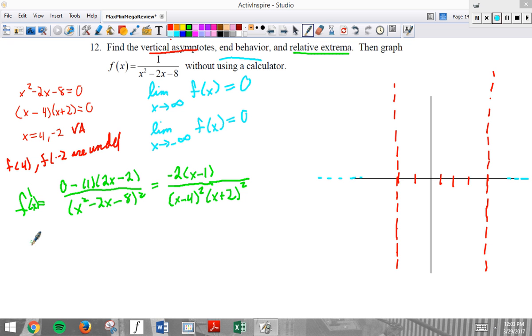Okay, so critical numbers. We got x equals 1, because f prime equals 0 there. And then we have 2 more, 4 and negative 2, where f prime is undefined.